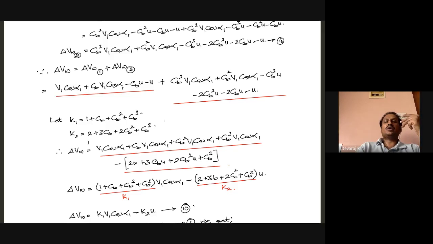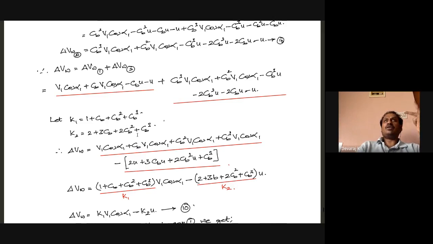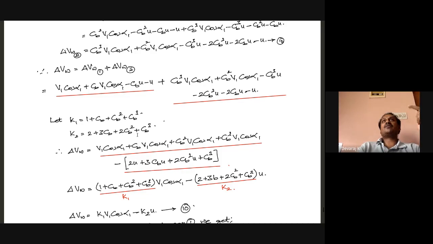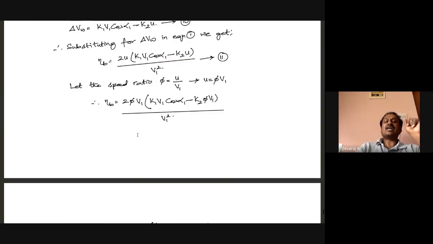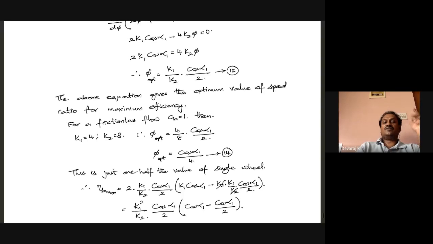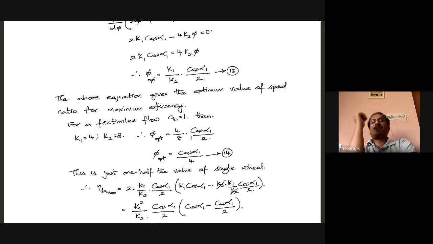And K2 is 2 plus 3 into 1, 2 into 1 square plus 1 cube, so 2 plus 3 plus 2 plus 1, which is 8. So K1 will be 4 and K2 will be 8 for a frictionless ideal condition. If I substitute K1 as 4 and K2 as 8, this becomes 1 by 2 into 2, that is 4. Your optimum phi will be cos alpha 1 by 4, which we have already derived.